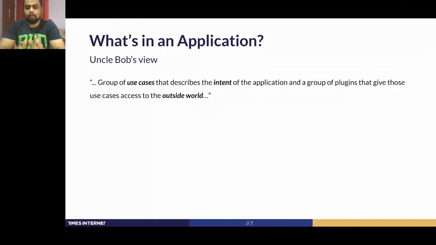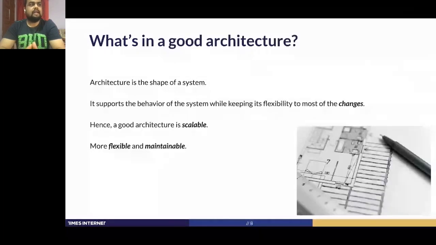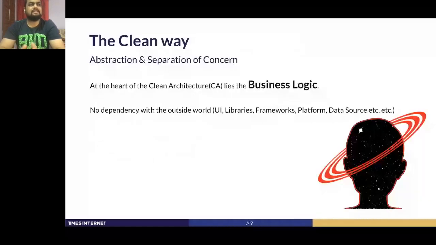If the blueprint, or the basement of the software, is not well defined, as the project grows and scales, it's very difficult to maintain, and the flexibility to change is very less. Now, how do we ensure that our architecture is designed, maintained, or planned in a cleaner way?